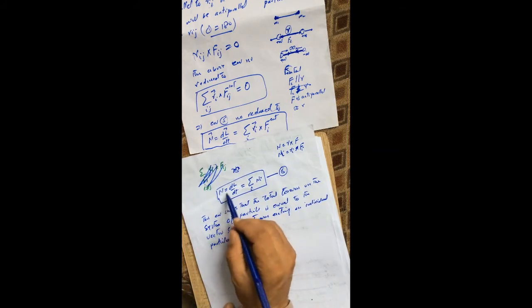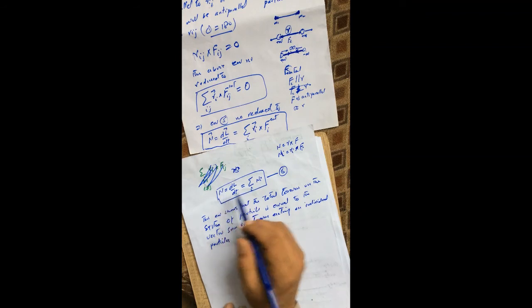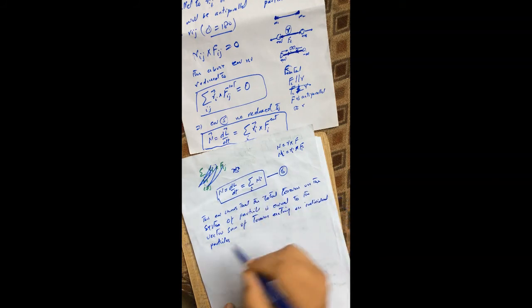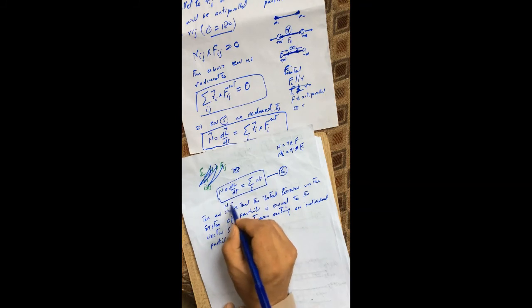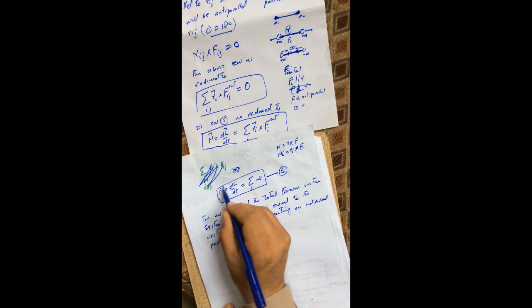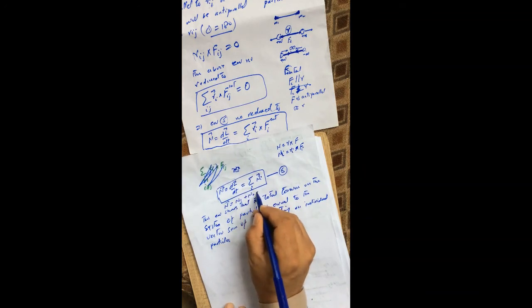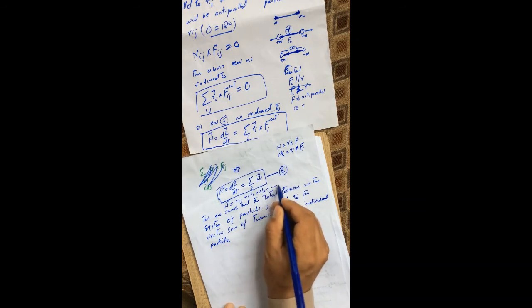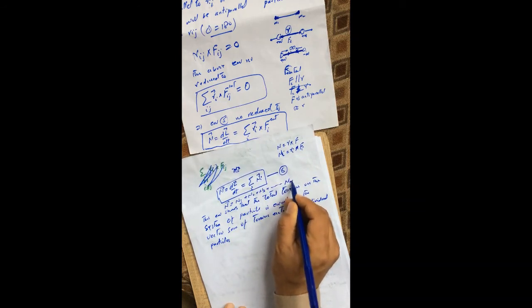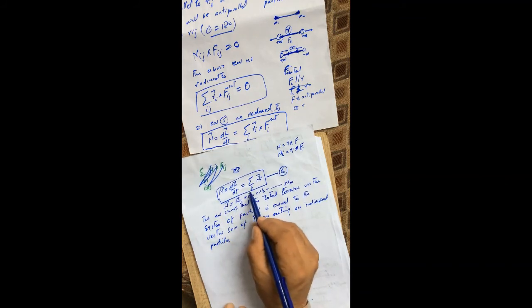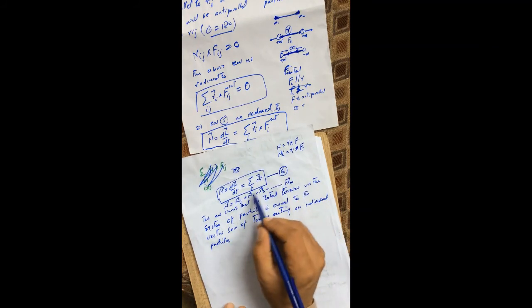Like the total torque acting on the system is equal to the sum of the individual torque of each particle. So this equation can be written as N, the total torque on a system, is equal to, if I expand this sum, N1 plus N2 plus N3 up to Nn. So the total torque is the vector sum of the torques acting on individual particles.